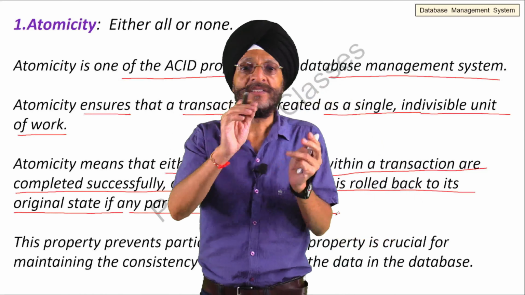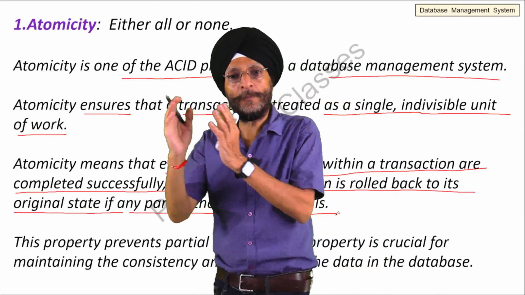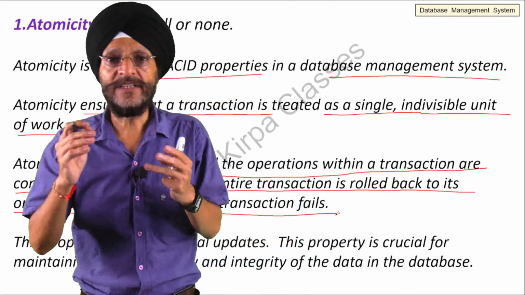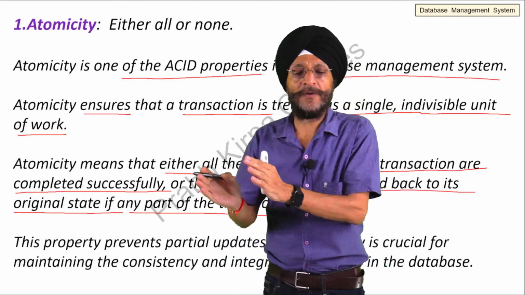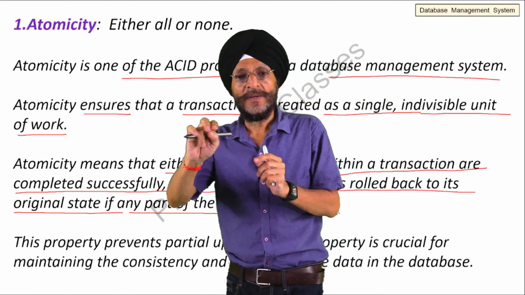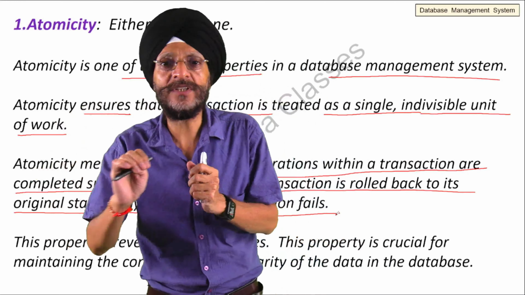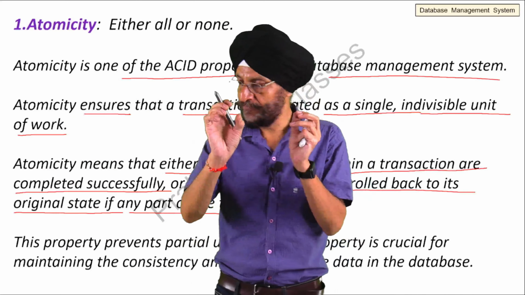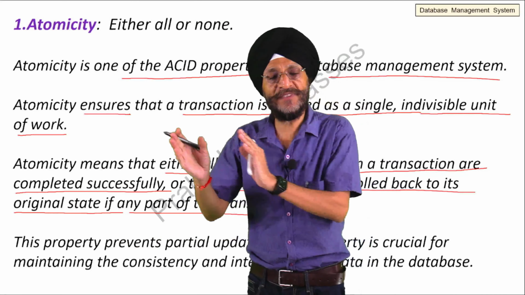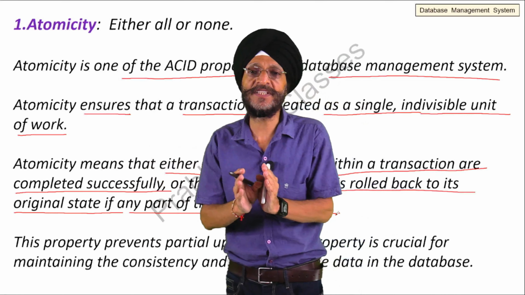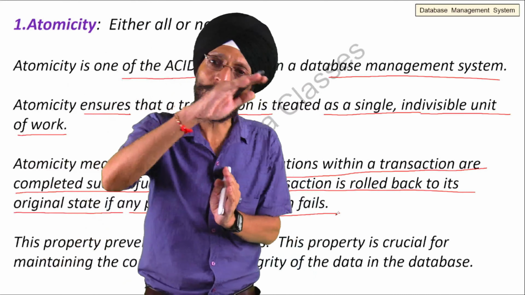So when there is, suppose, internet failure or power failure, then at whatever step you are, whether you are entering your PIN or after that entering the amount which you want to withdraw from the ATM machine, at any step, if there is failure of internet facility or power failure, the system will revert back to its original state.